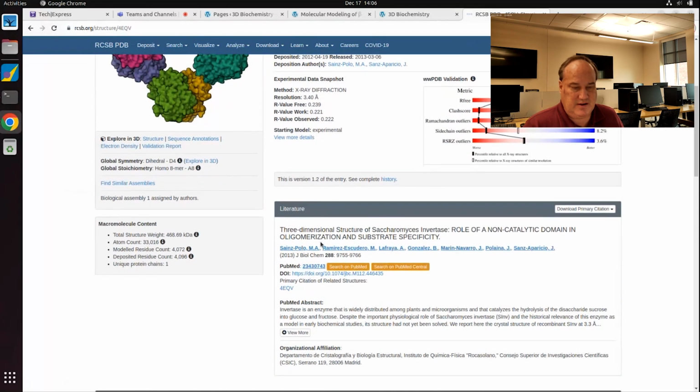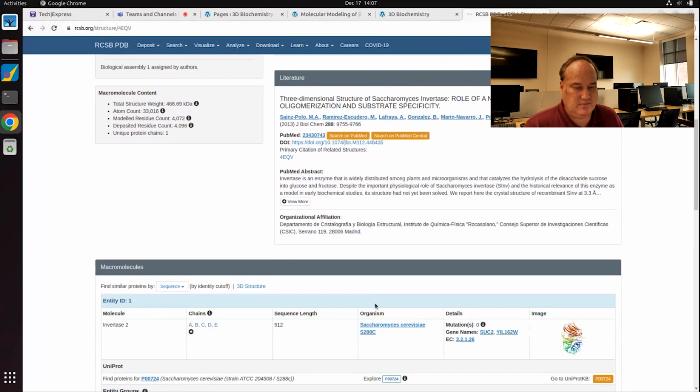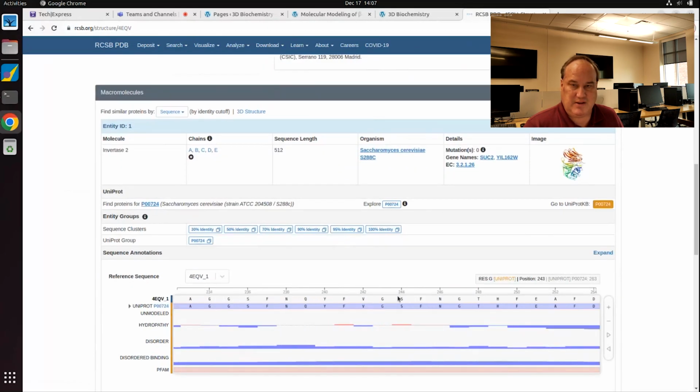We can also look at the paper for this, and I'd highly recommend you go ahead and check this paper out. It tells you information about the protein itself. It also tells you information about where the catalytic residues are and that sort of thing. So this is useful information. And then there's other stuff in the PDB.